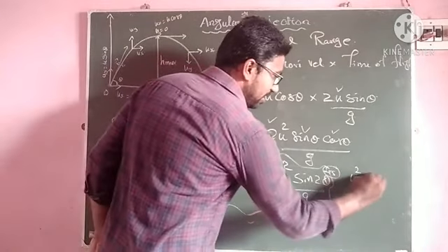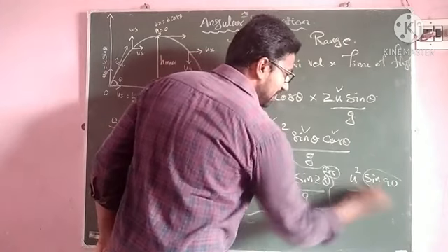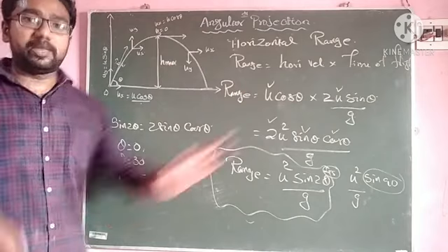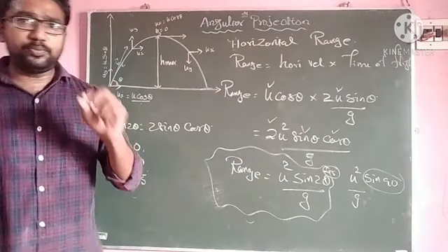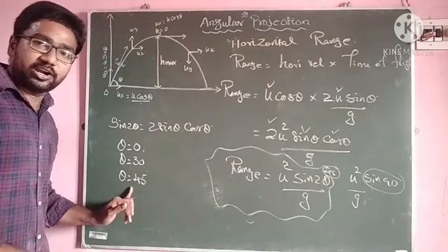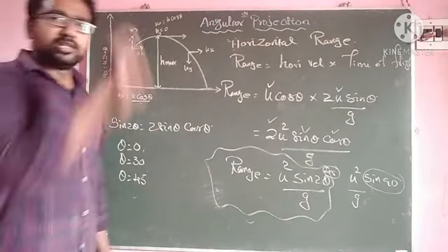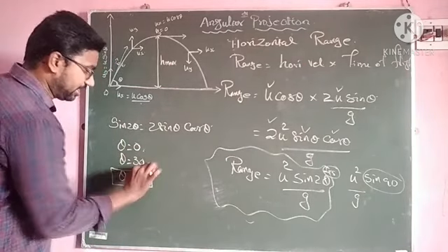So u square sin 90 divided by g. Sin 90 becomes 1. So this angle provides the maximum range of the particle. So if you throw the object at an angle of 45 degree, it will cover the maximum distance. So the effective projectile range is at the angle of 45 degree alone.